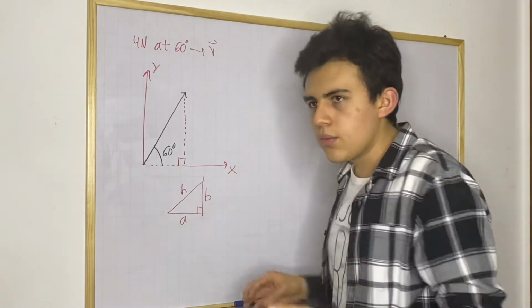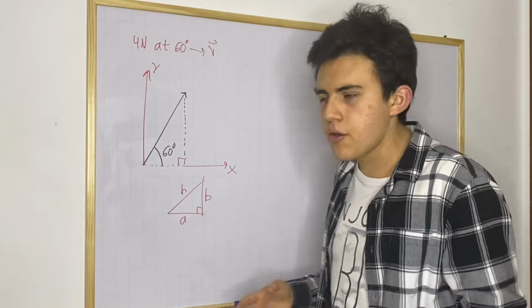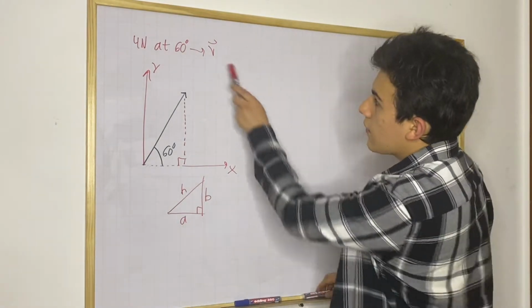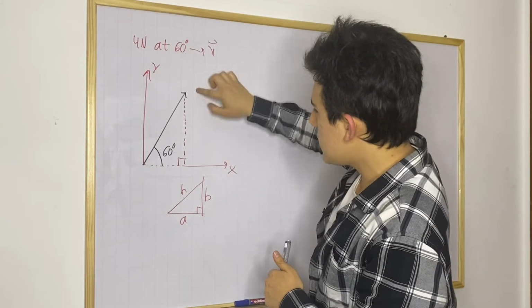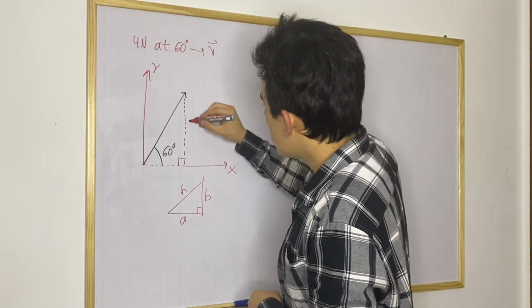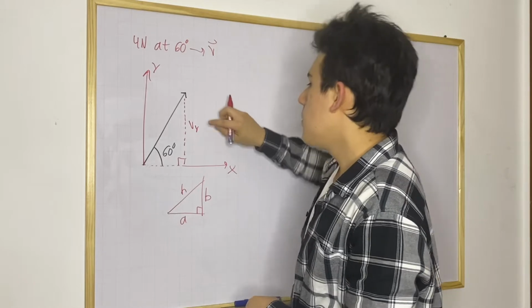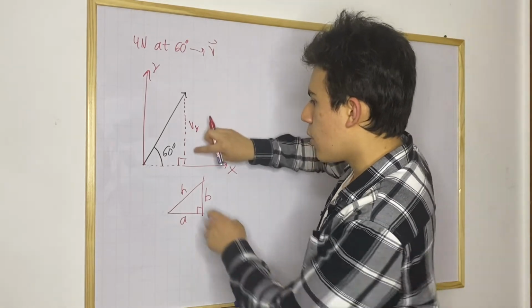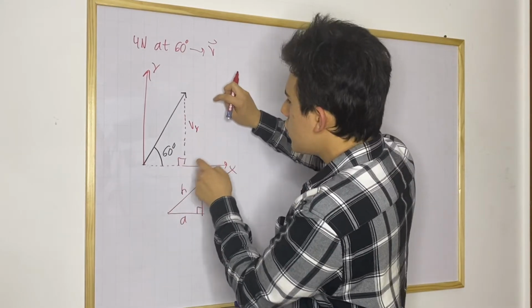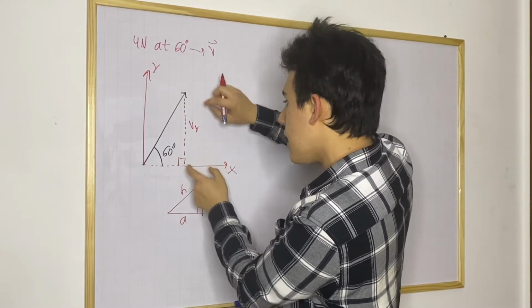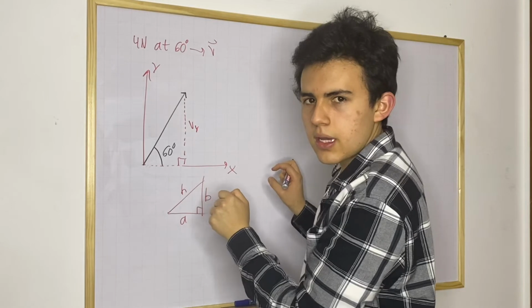Now, what does that mean more mathematically or more numerically? Well, if we have a vector that we represent with the letter V, we could write this side B as Vy, okay? Because this side, or how this vector projects in the y-axis, is an amount that we can call Vy.